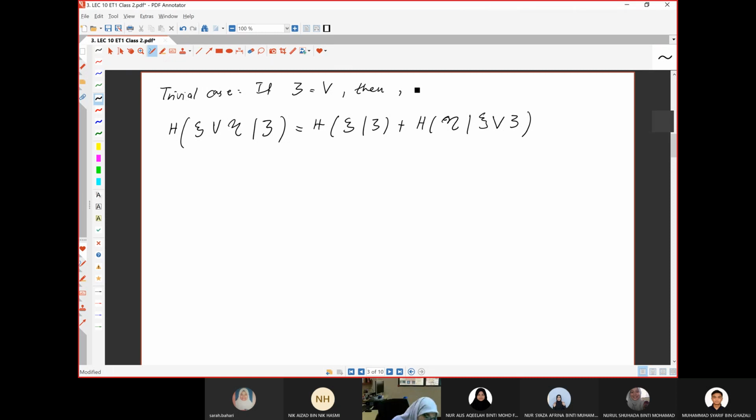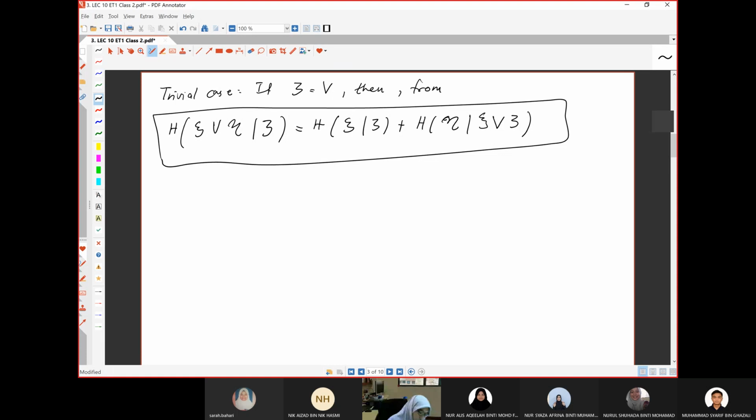Okay, so from this formula, if zeta is trivial, and you know already, kalau trivial ni dia akan jadi the same. So they coincide with the original entropy. So that means our entropy of this joint is equal to H of psi plus H of eta given psi.